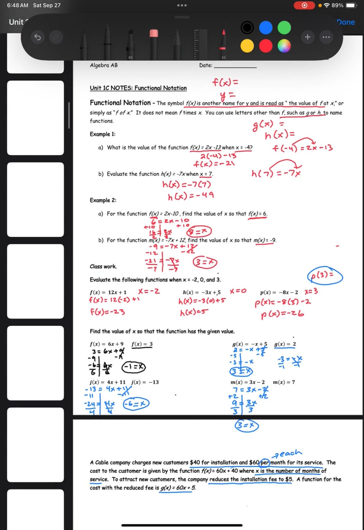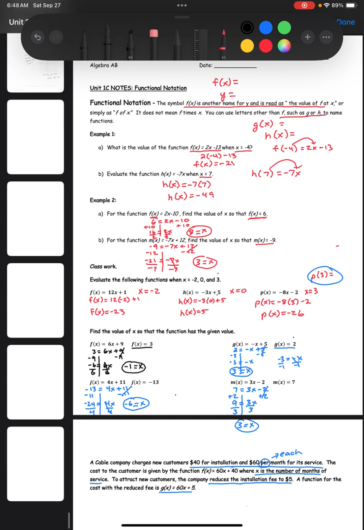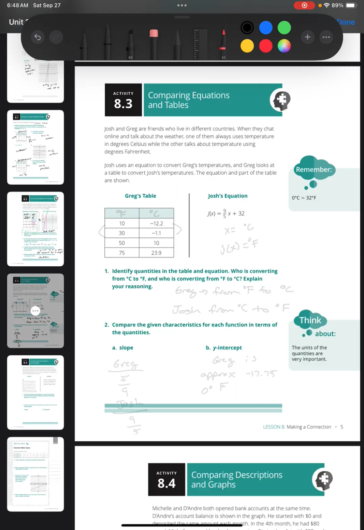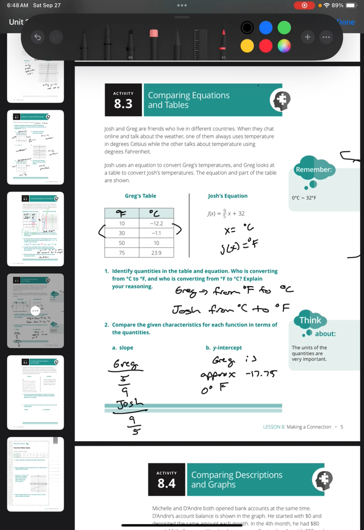Let me scroll back. There we go. Which means 0 degrees Fahrenheit is equal to negative 17.75 degrees Celsius. So as I was mentioning earlier, degrees Celsius is much lower than degrees Fahrenheit, so that conversion makes sense.